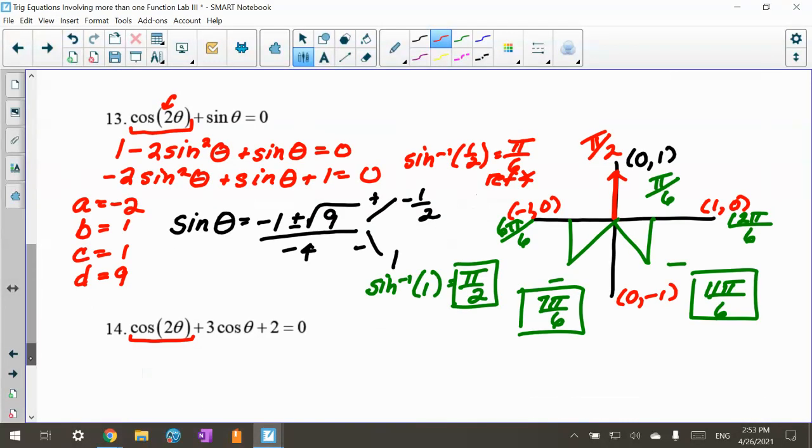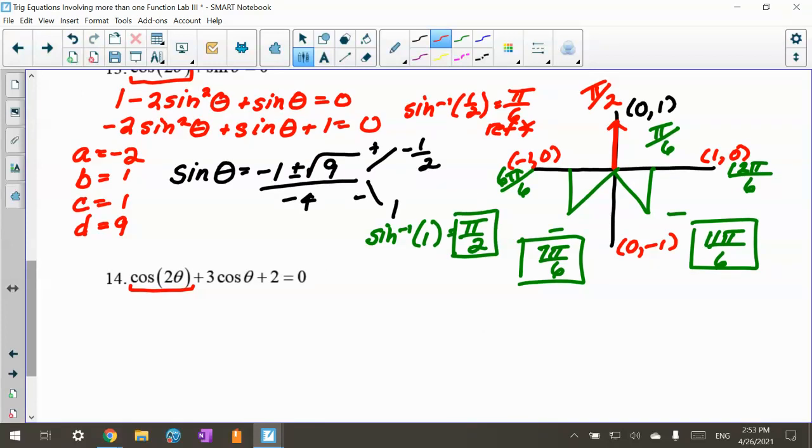So let's go back to our lab here. And I'm going to put in that spot the cosine one that I just showed you, okay? So that's going to be 2 cosine squared theta minus 1, okay?